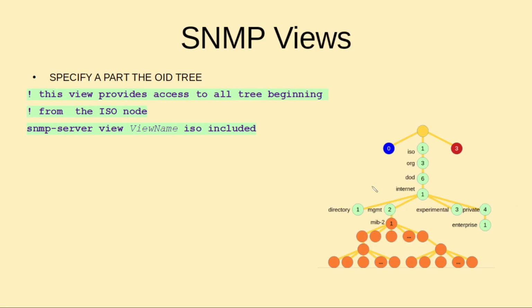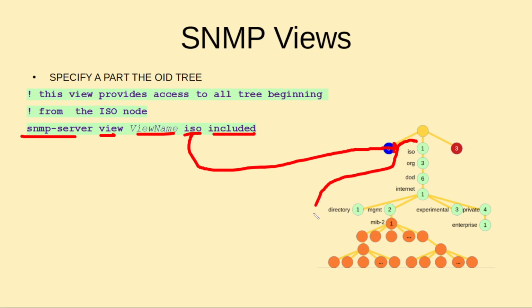The easiest example of a view will be a view that includes most of the tree, so we will use snmp-server view, the name of our view, and we will use the node name ISO and then include it. So this means that this view is going to include everything below the ISO node.